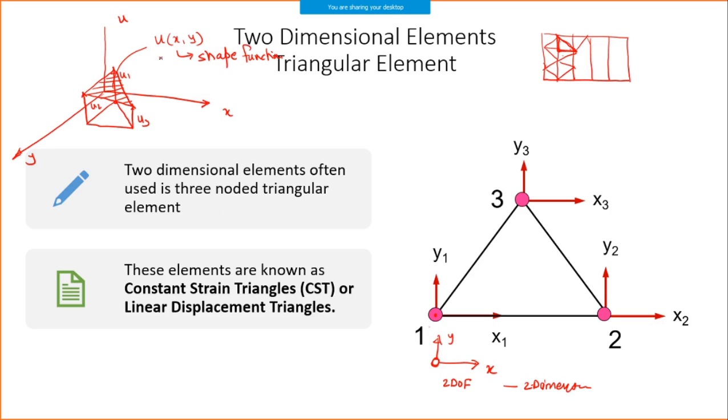Now, when we define this shape function, there is a certain criteria by which we can define it. The reason is how the variation is: whether that particular variation is linear, or quadratic, and so on. That is what is called a shape function. If you look into this element, there is one more term mostly used, that is the constant strain triangle.